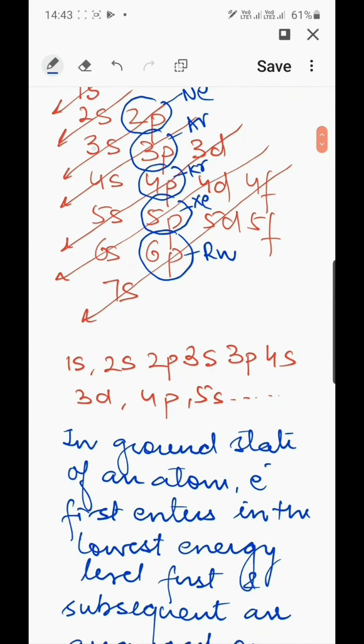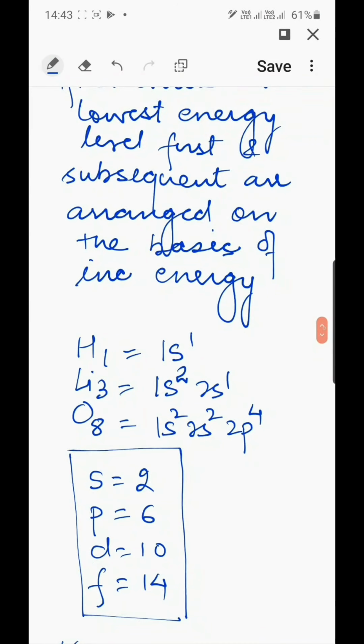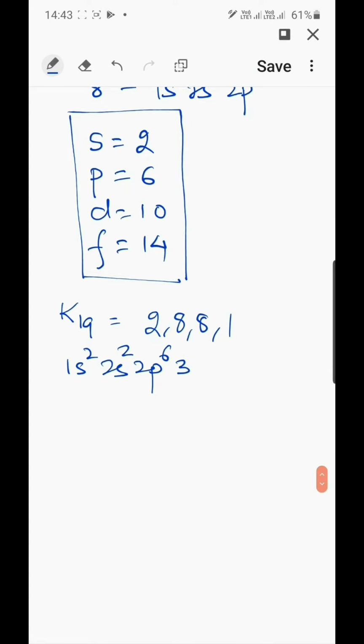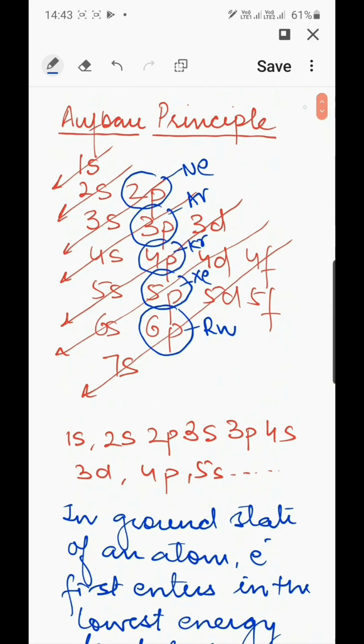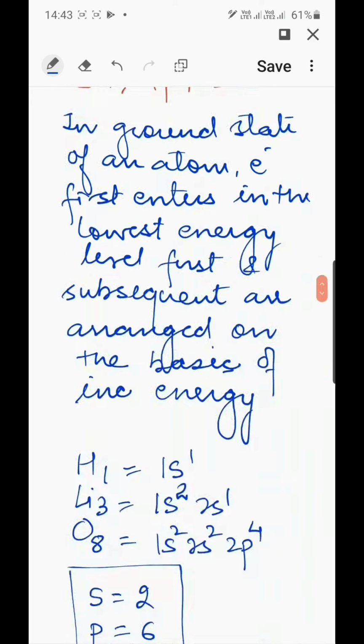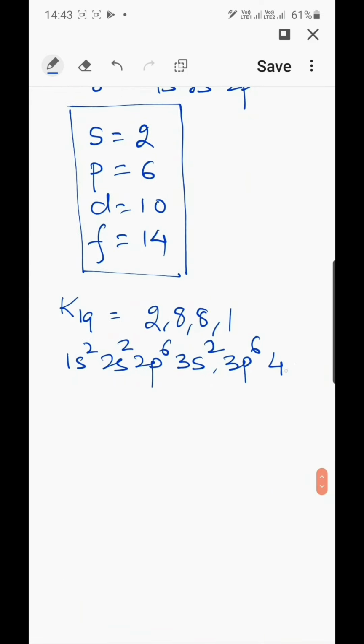After 2p, there is 3s and 3p. This is 3s2. After 3s, it is 3p6. There are a total of 18 electrons and 1 electron left, which passes to the next subshell, that is 4s. This is 4s1. This is the exact electronic configuration of potassium.